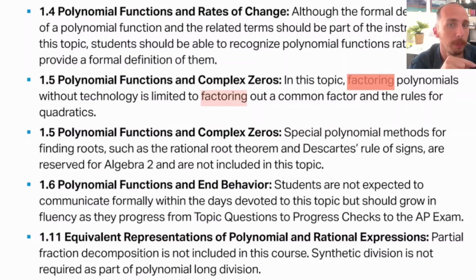In this topic, which is what we're talking about here, polynomial functions and their zeros, factoring polynomials without technology is limited to a greatest common factor and the rules for quadratics, which means we don't need to do cubic group and factor for terms with parallelism. We don't need that in this class. I also say the rules for quadratics, that does include what we just did with the leading coefficient not being 1.